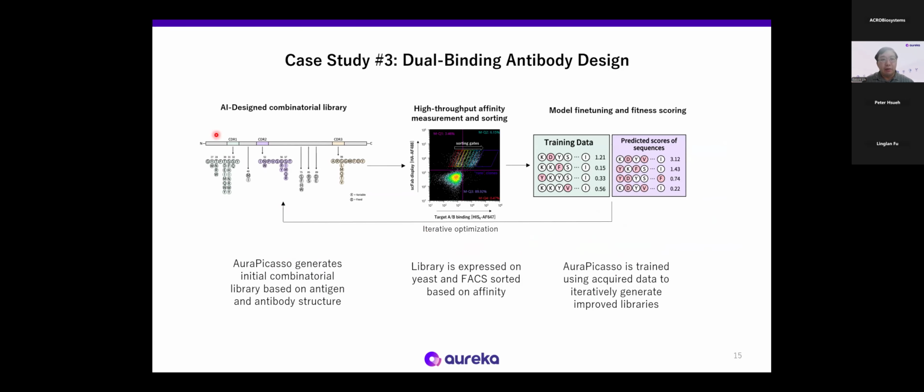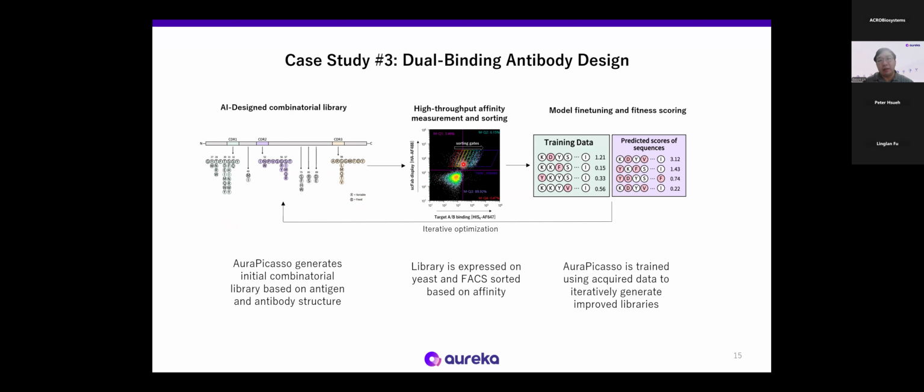We start with the AI-designed combinatorial library based on the antigen-antibody structure. Because we have all these protein binding models out there, we can generate the library based on this prediction, and then progress into our Aureka system, which will sort out the binders from low binding affinity all the way to high binding affinity.